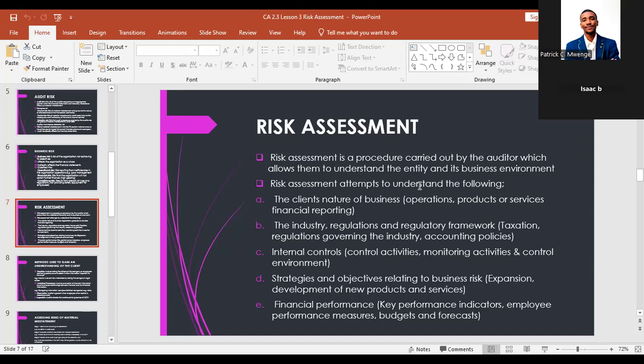Then internal controls. We need to understand the control activities relating to the client. What activities does the client put in place which make sure that all aspects of the business are functioning as appropriate, right? We need to understand those control activities. So if we discover that the control activities that the client has are not efficient, then we can make a decision saying, okay, probably this company is a high risk company.